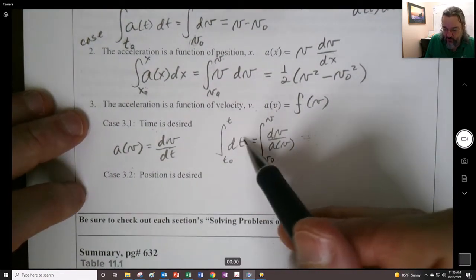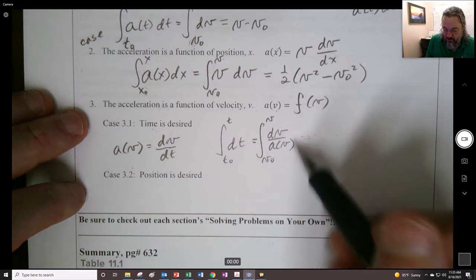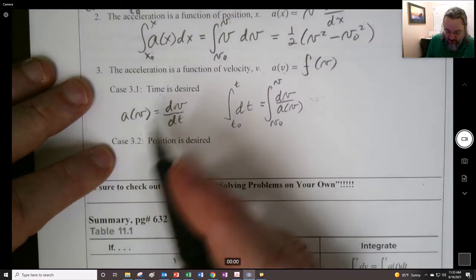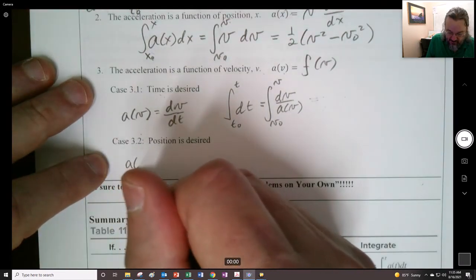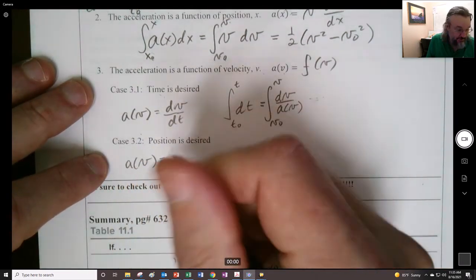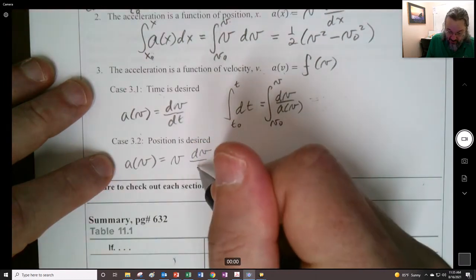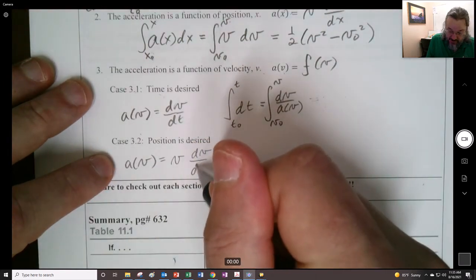So now if we wanted to find time, we could integrate this right here. But if position was what we desired, acceleration is still a function of this, and we have velocity, and we have dv, and we have over dx right there.